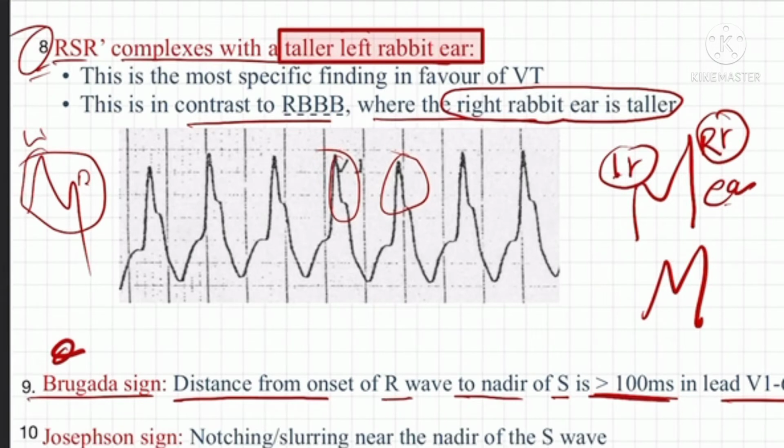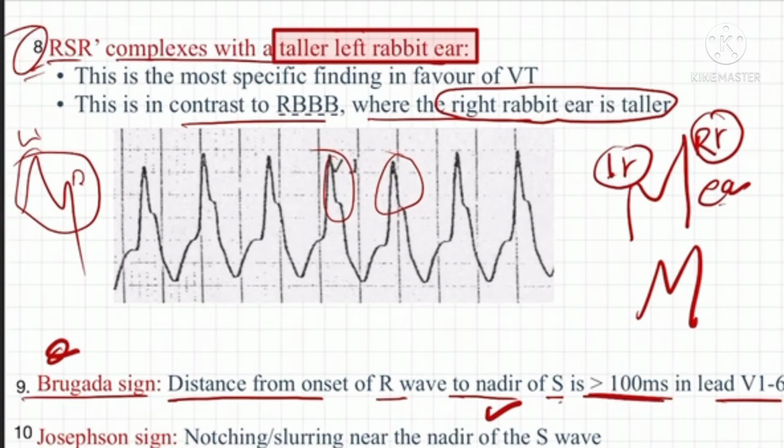For Brugada sign, the RS interval starts from the R wave to the deepest point of the S, the nadir of the S. If it is more than 100 milliseconds, that means more than 2.5 small squares, that's called Brugada sign. Brugada sign is suggestive of VT.